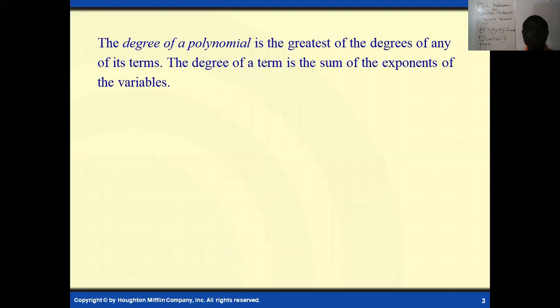Now, the degree of a polynomial is the greatest of the degrees of any of its terms. We may want to consider a situation. This polynomial is of degree 3. Let us look at some degrees of polynomial here.